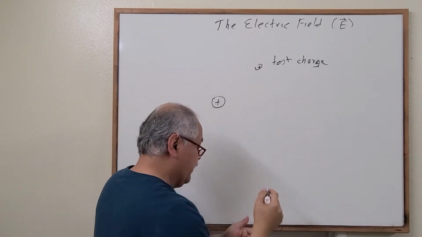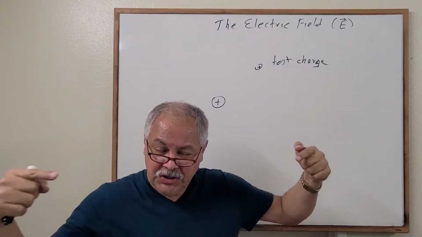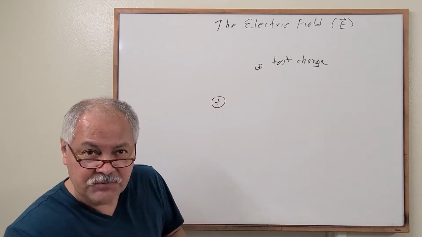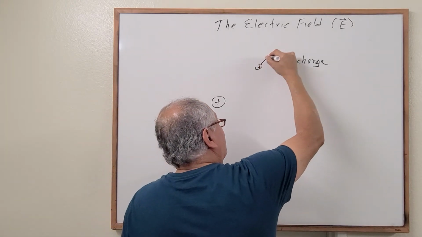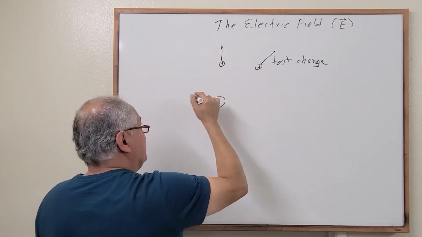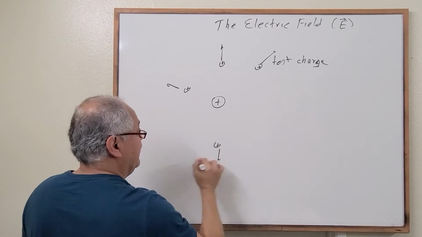So remember, like charges repel and unlike charges attract. These are like charges, right? So like charges repel, correct? Repel. Let's move the charge to another position. It's going to be repelled. Another position right here, it's going to be repelled.